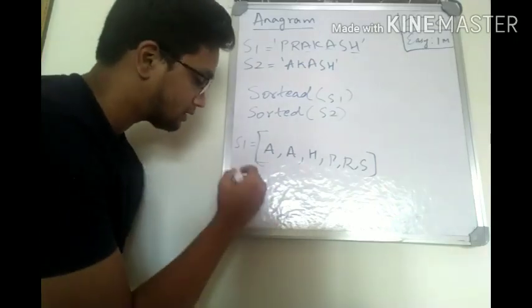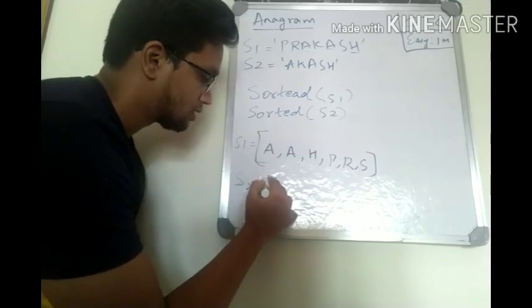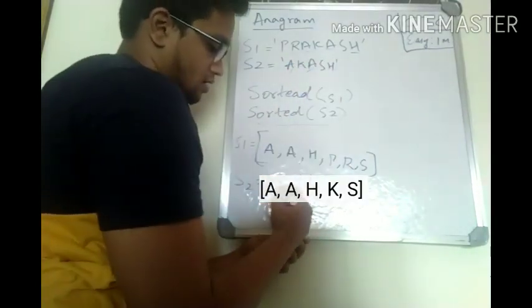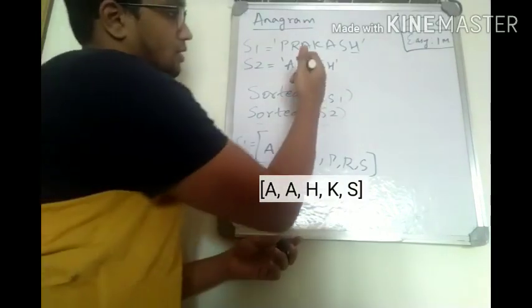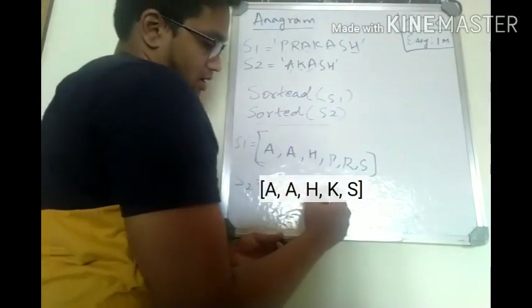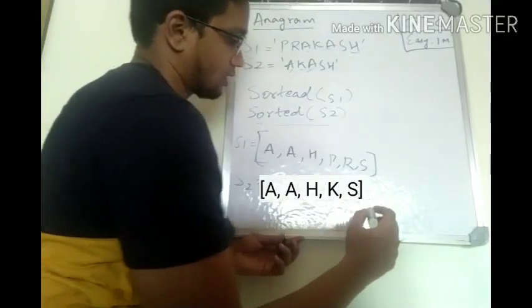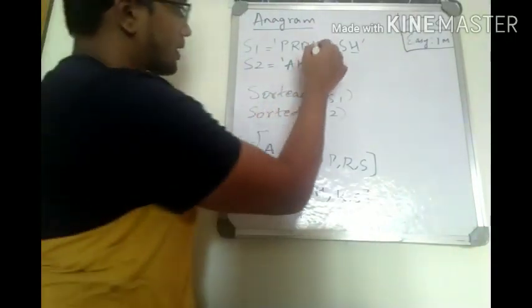So converting the string, we get by applying this function A, K, no, this first H, K and S. Prakash contains K, right?